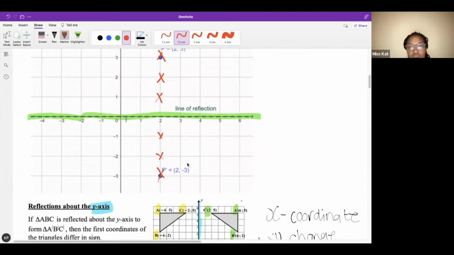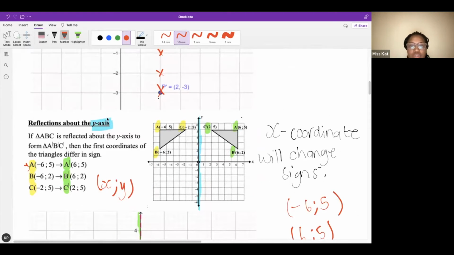And now we are on the y-axis. So this tells you where you are folding the paper. So this time we're folding the paper like this. So the image has to be on the right and the left. The first one we were folding it like this. You get it? I didn't read the question, because I thought we're still on the x-axis. But now I understand. I was lost.